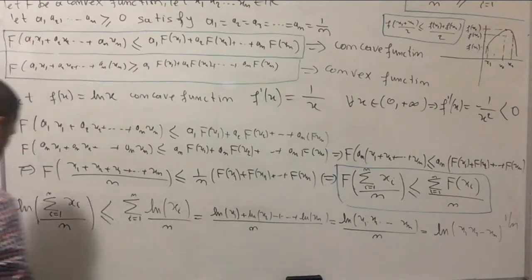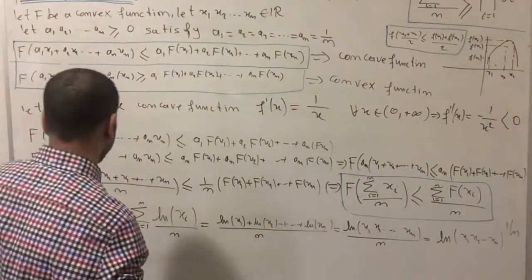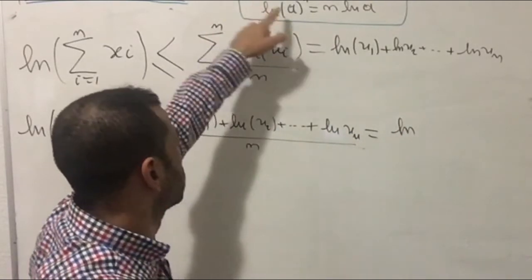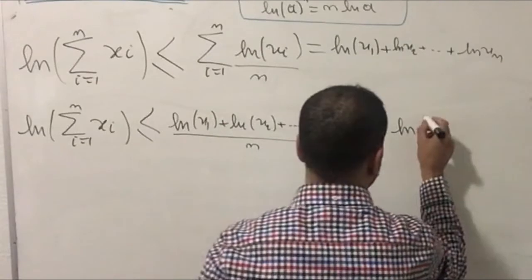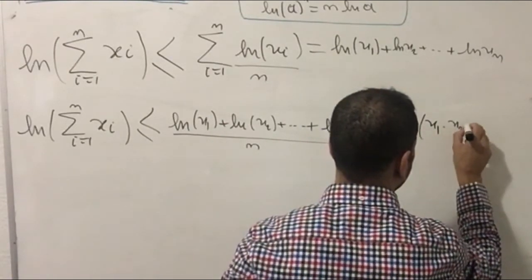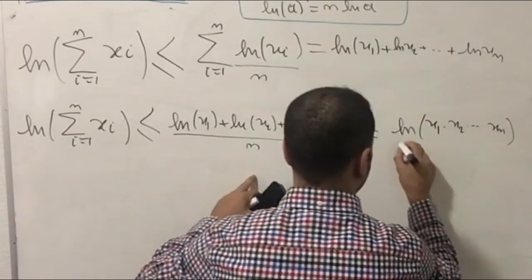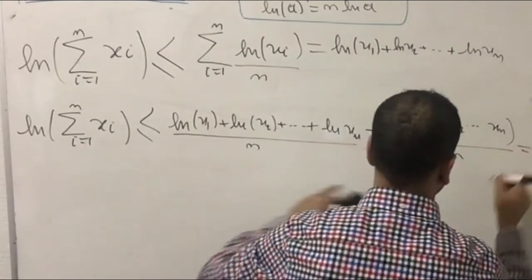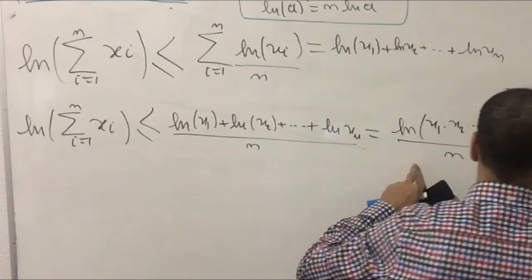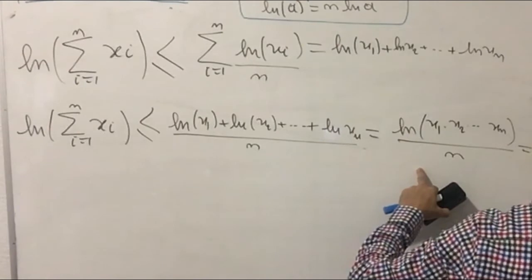So now I'm going to take this inequality at the top and continue with our problem, equal to this one by applying this identity. So this one becomes natural log of x1 multiplied by x2 and so on until you get the last term, over n. Also this 1 over n, I can rewrite it: natural log of x1 multiplied by x2 and so on, to the power 1 over n.